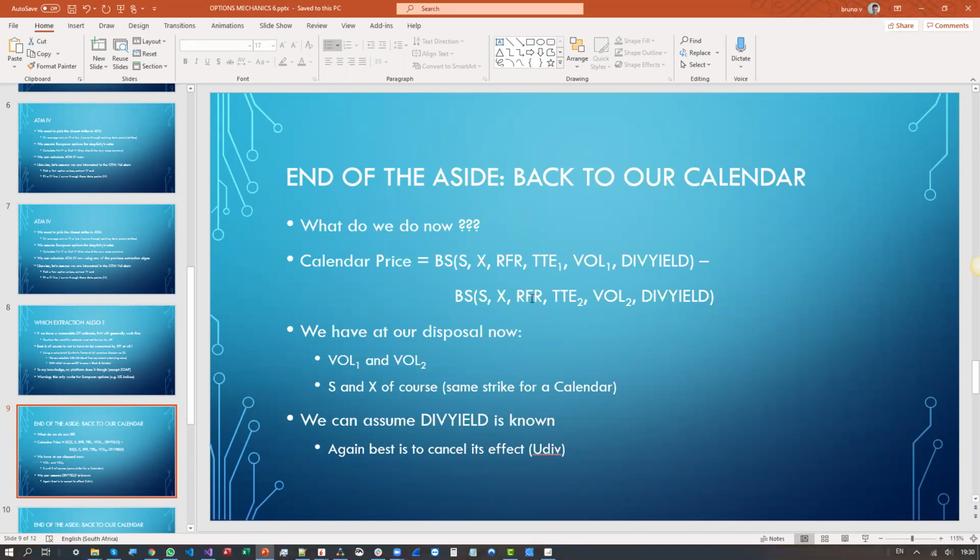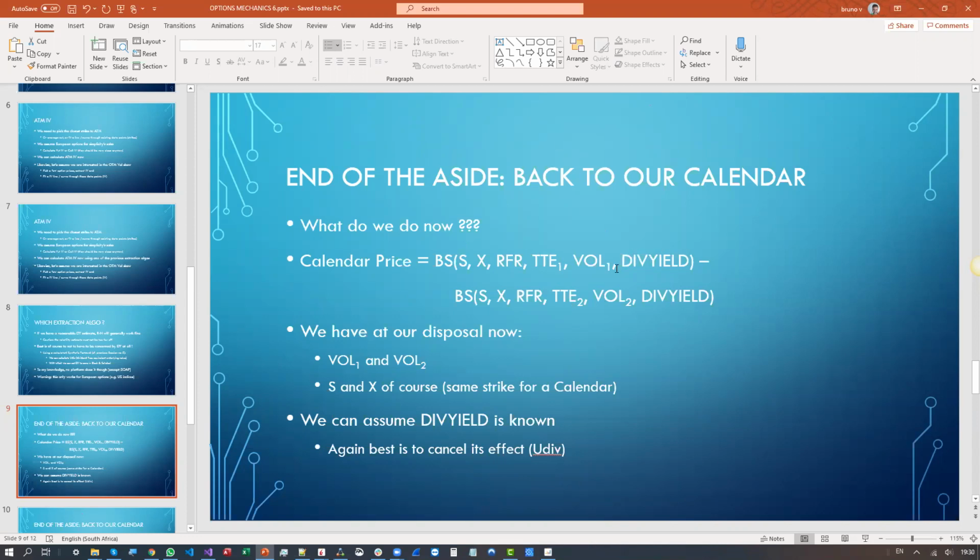Here I made a small mistake actually. It should be risk-free rate 1 and risk-free rate 2. Time to expiration is obviously different. Volatility is different, and the discounted dividend value should be different for both. But if we assume that we're going to be using the UDIV instead of S, we know we're going to put 0 here, so it doesn't really matter.